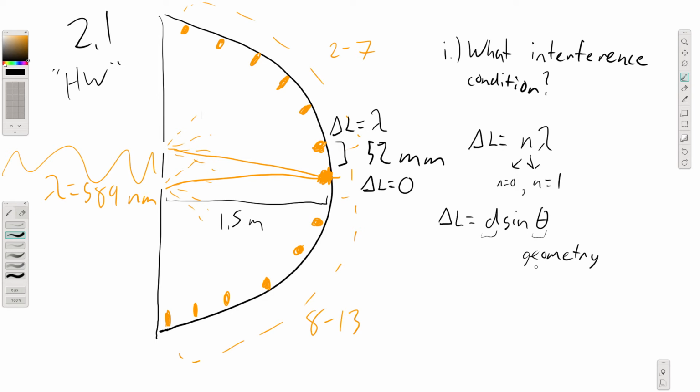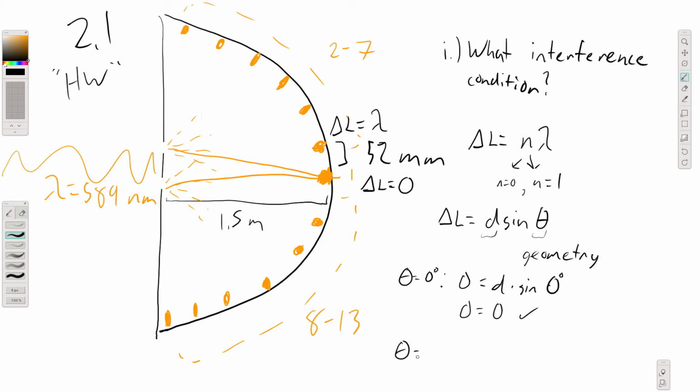Geometry we don't really have a handle on yet. That's going to be our part two. But for theta equals 0, the central fringe, delta L is equal to 0. So 0 is equal to d times sine of 0. Sine of 0 is 0. That checks out.